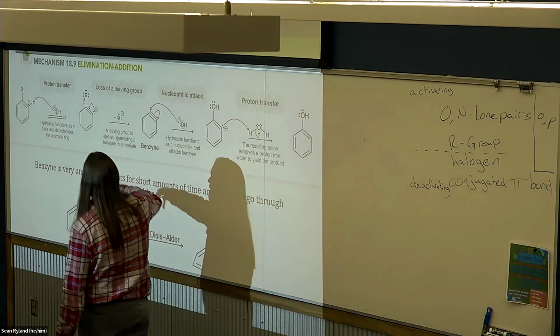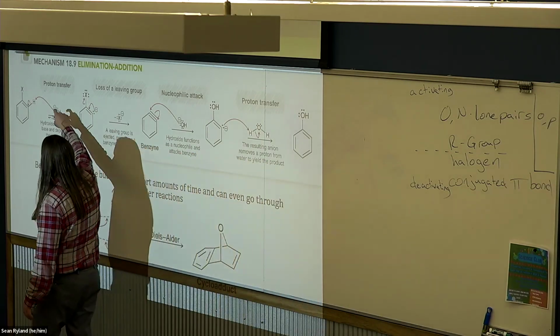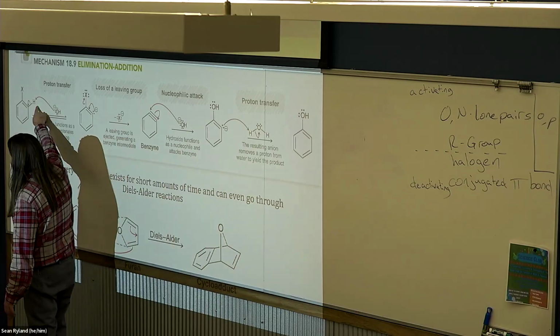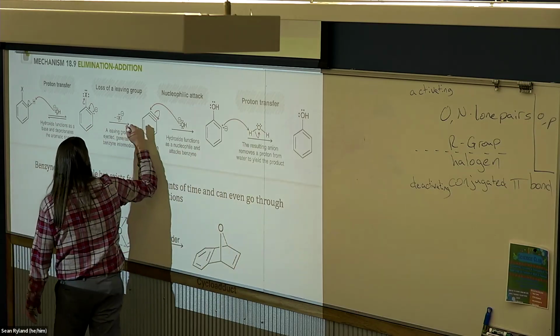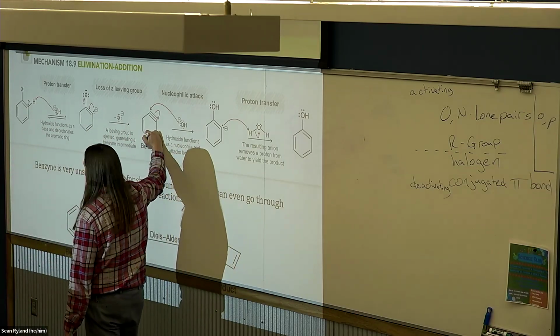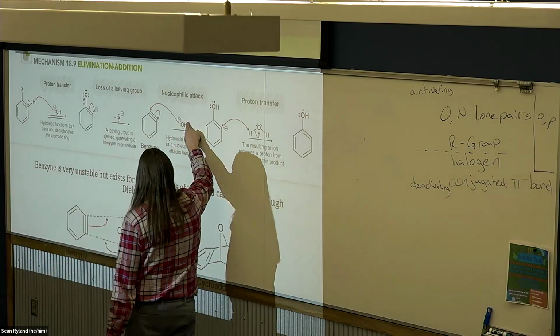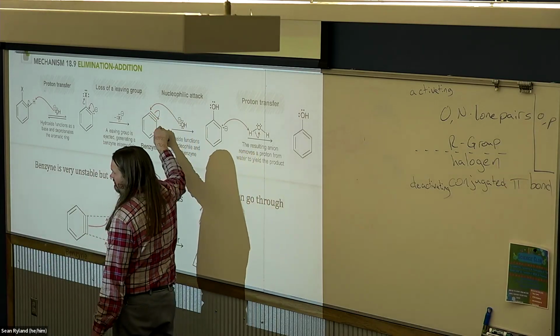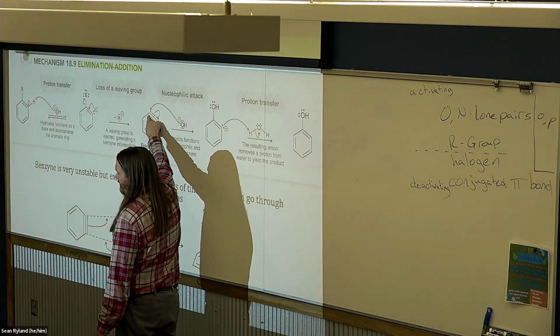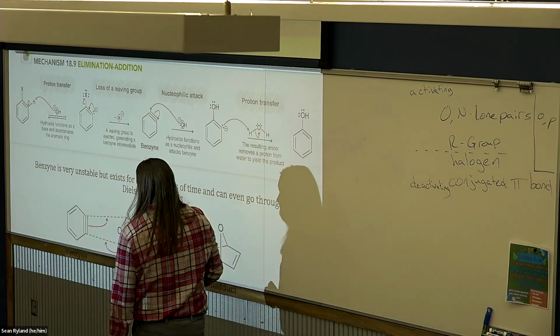So here's our complete mechanism. Nucleophile acts as the base to make the benzyne, and our leaving group leaves. And then our nucleophile comes in and attacks one of those two carbons in a regular addition reaction.